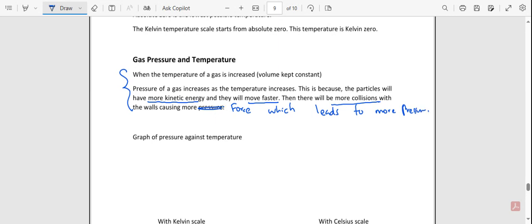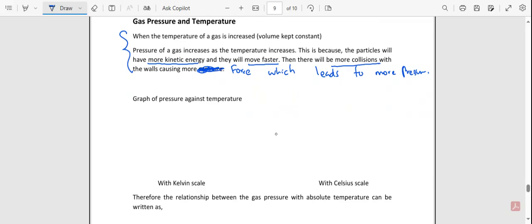Here it should actually be written as more force. Just adjust this sentence in your note, right? The last part: then there will be more collisions with the walls, causing more force, which leads to more pressure. Mention that in the note, right?